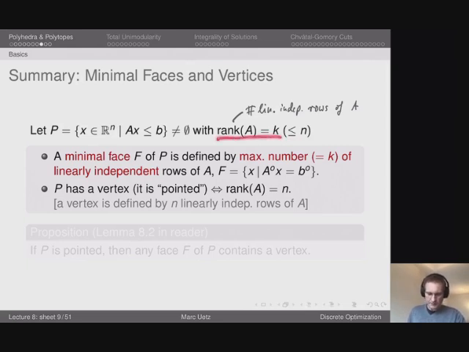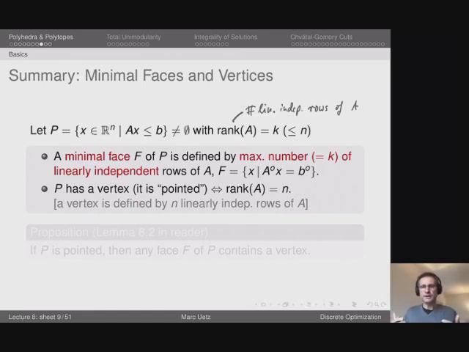With a rank k, we describe minimal faces of this polyhedron by taking a maximum number, so k linearly independent rows of the matrix A. And a polyhedron has a vertex, and we say it is pointed, if and only if the rank of the matrix is n. So a vertex is defined by n linearly independent rows of the matrix A.